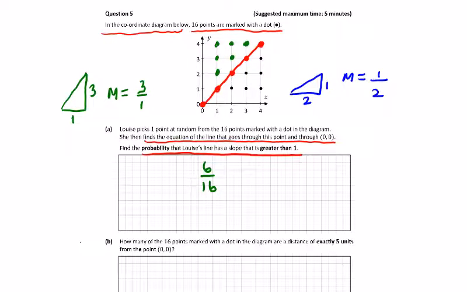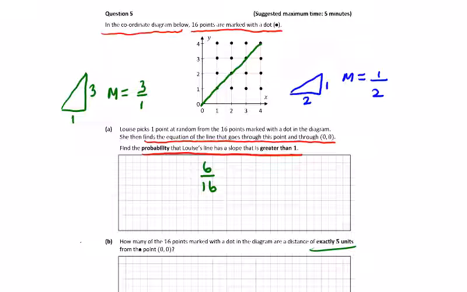Part B, how many of the 16 points marked with a dot in the diagram are exactly 5 units from the point (0, 0)? So exactly 5 units. Your knowledge of trigonometry here, our 3, 4, 5 triangle. So let's just pick one of them to start with.